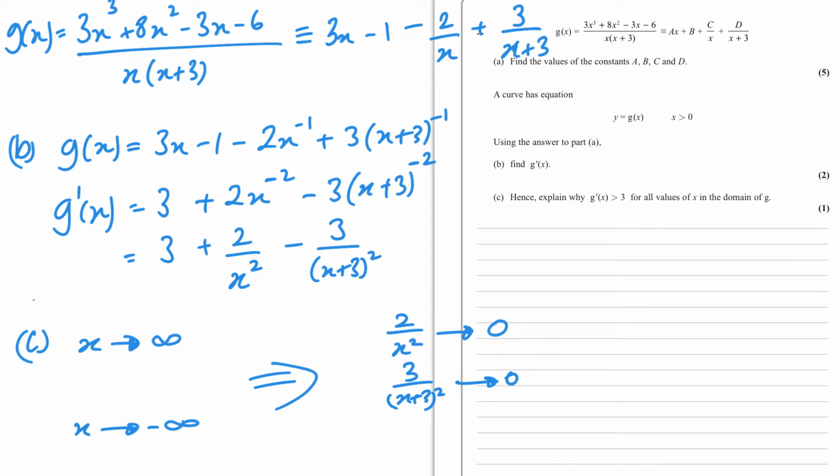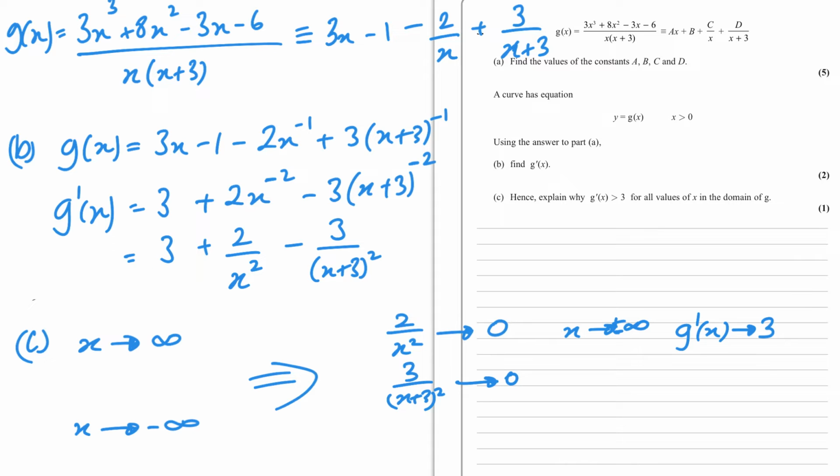That means that as x is tending towards plus or minus infinity, g of x is tending towards 3. Because what you're saying is that this is heading towards 0, this is heading towards 0, so I'm left with 3.